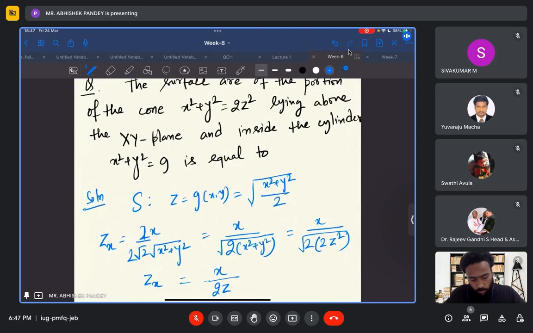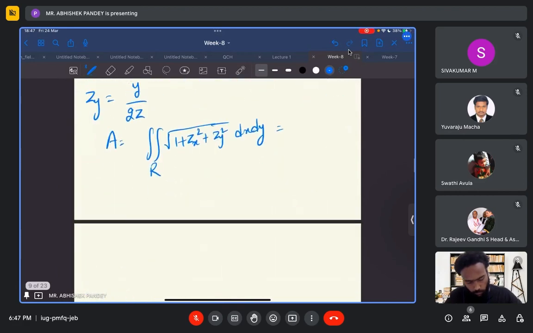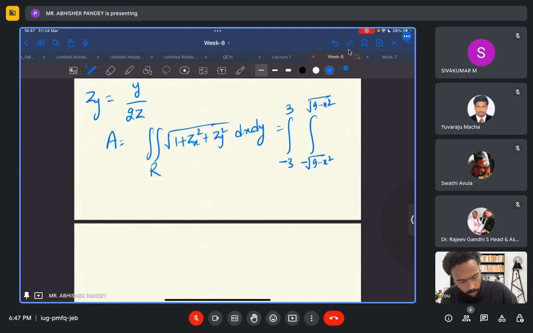The limits will be x from minus 3 to 3, y from minus under root 9 minus x square to under root 9 minus x square, and the integrand root 3 by 2, dy dx.